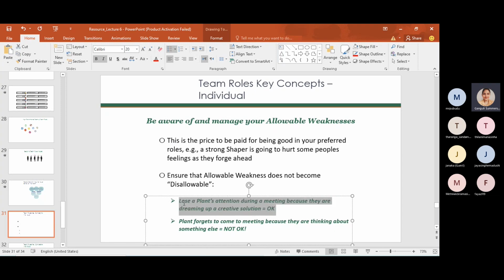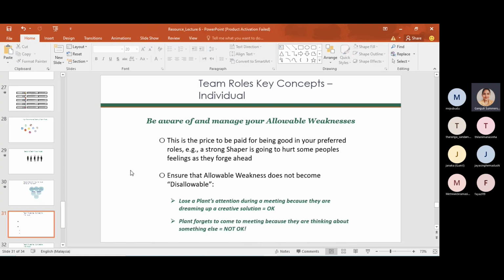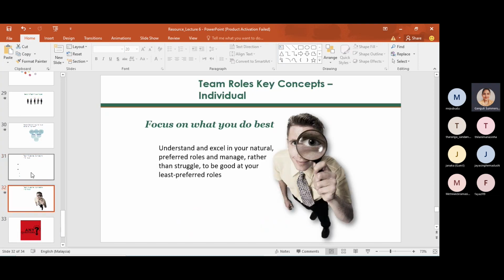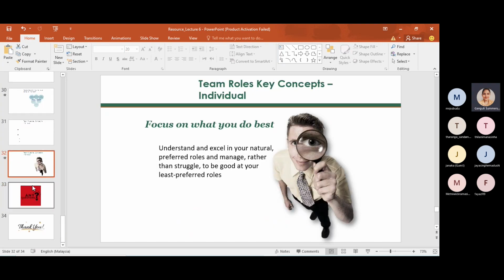So you have to make sure what is okay and what is not okay. You have to keep allowable weaknesses as allowable, and ensure that these weaknesses do not become disallowable.